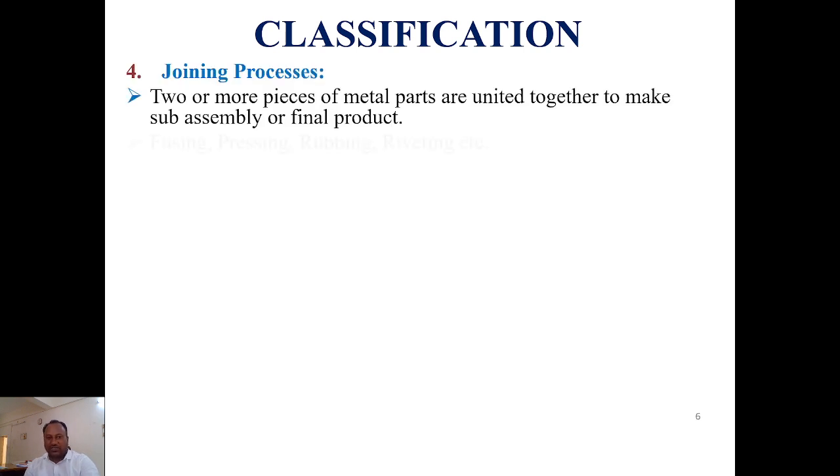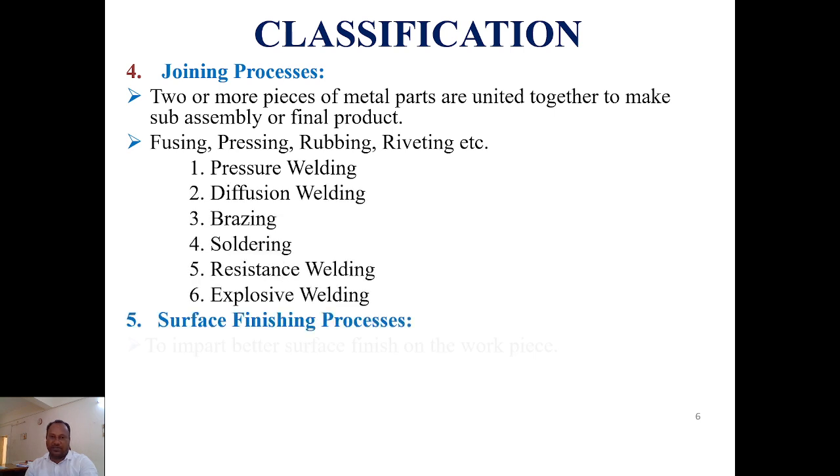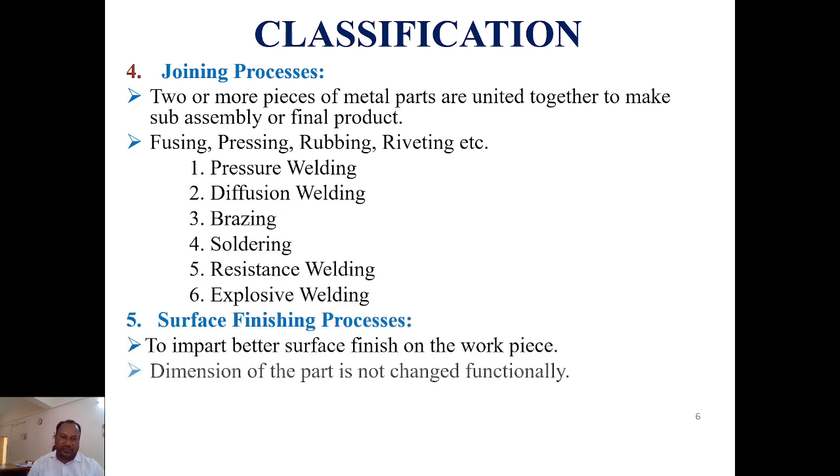Another classification is the joining process, where two or more material parts are joined as a sub-assembly for the final product. That includes pressure welding, diffusion, brazing, soldering, resistance welding and explosive welding. All of these are joining processes. Next is the surface finish process. In order to get a better surface finish after the final machining process, we need some surface treatment.